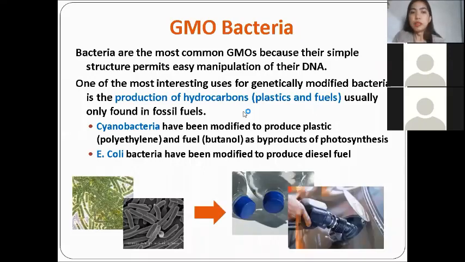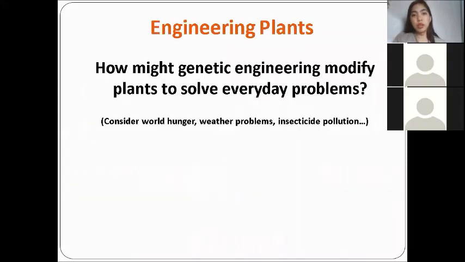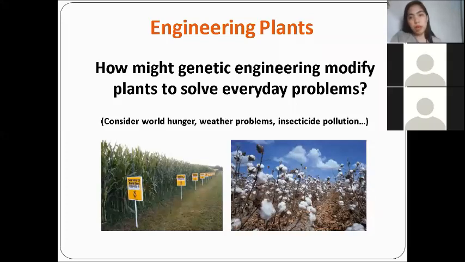The next one is engineering plants. Ayan. How might genetic engineering modify plants to solve everyday problems? So what are the common problems that we have encountered in our everyday lives? So for example, the farmers encountered so many pests, insects na nakakasira dun sa crops nila, sa plants.